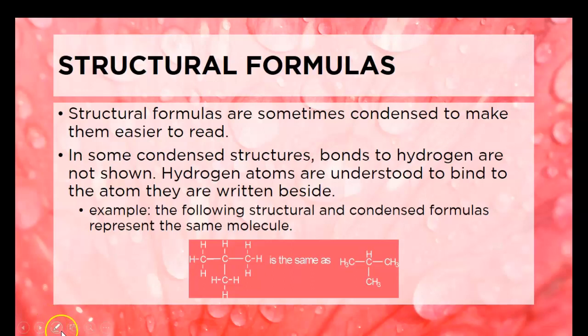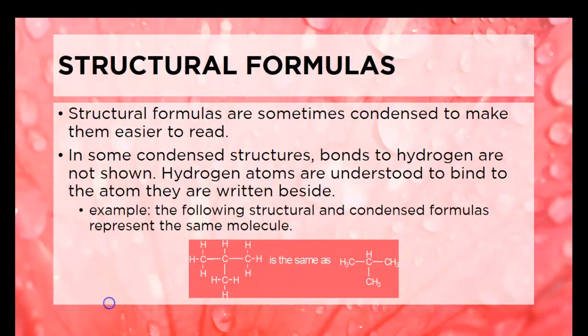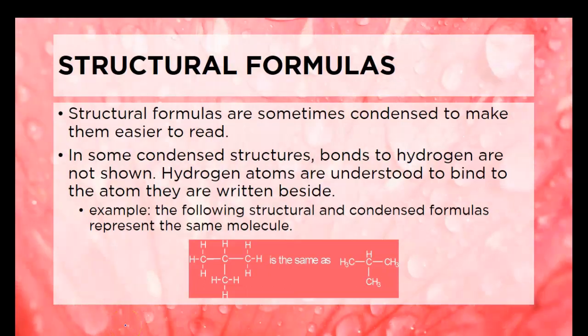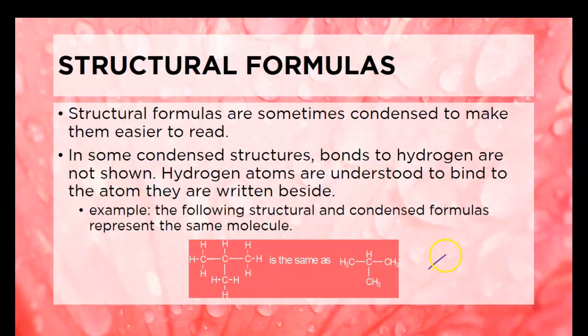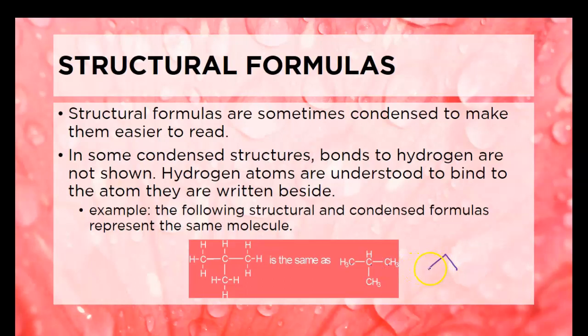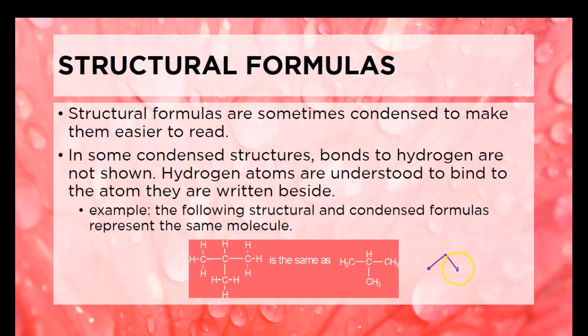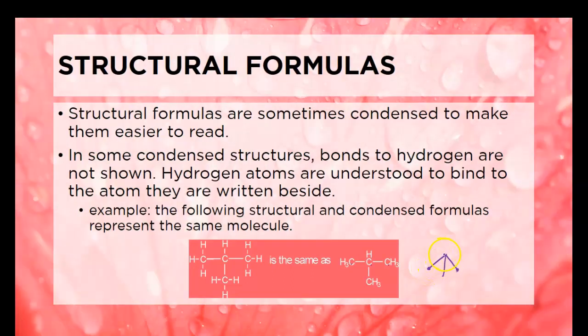If I want to show you this idea of a skeleton structure now, we'll look at it in more detail on the worksheet, but any time I have an end of a line, that represents a carbon, or if I bend the line, it's a carbon. So 1, 2, 3 carbons could be represented by these 3 points on here. And this whole structure, believe it or not, if I just add one more carbon down here, this represents this.